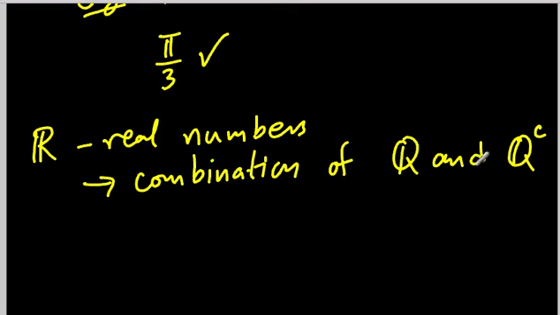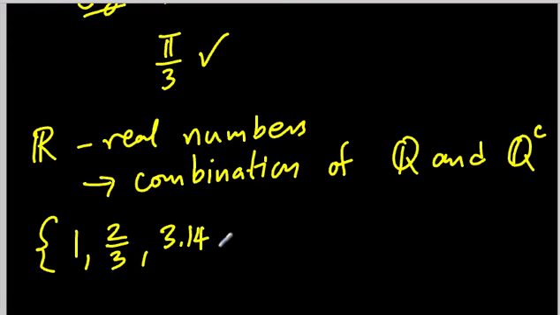So it's just the combination of the two. In other words, it's basically any number that you know of. For example, the number 1, that's part of the real number system. 2/3, that's part of the real number system.